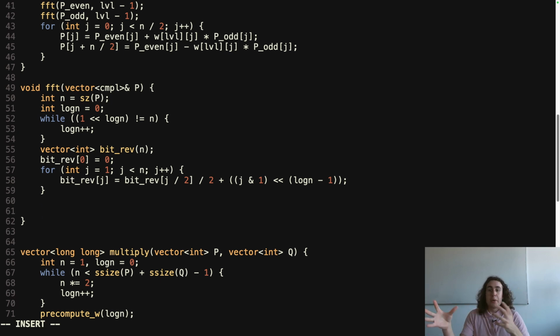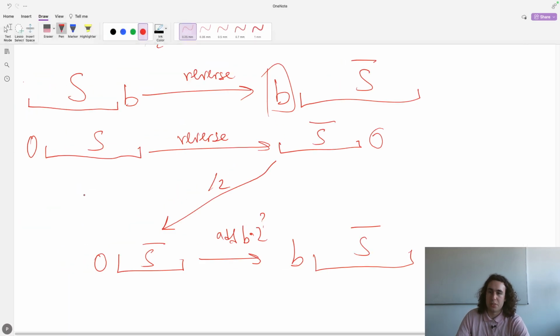shuffle our numbers, permute our initial array p, such that every position j goes to position bit reverse of j. But note that if I reverse a number twice, it goes back to the initial one. So actually, I swap a bunch of numbers, right?